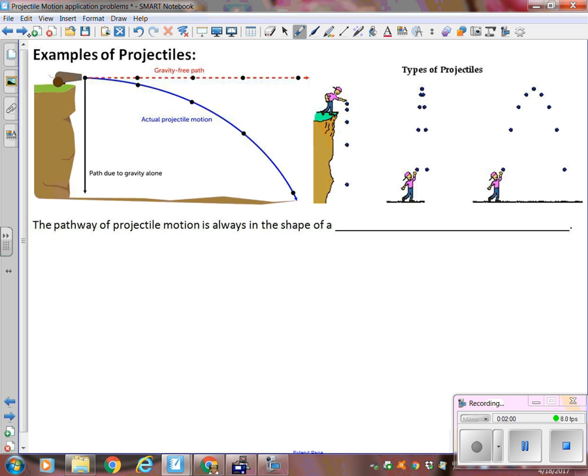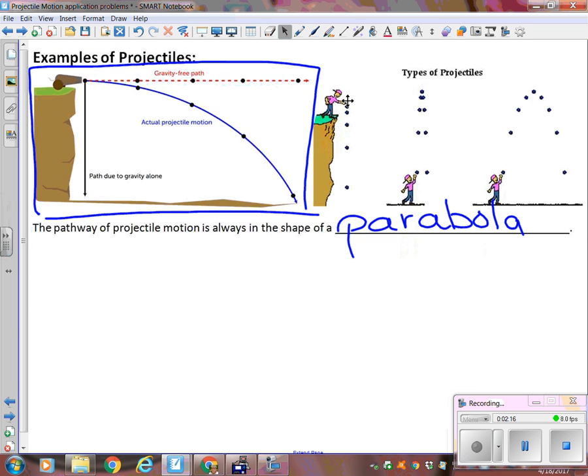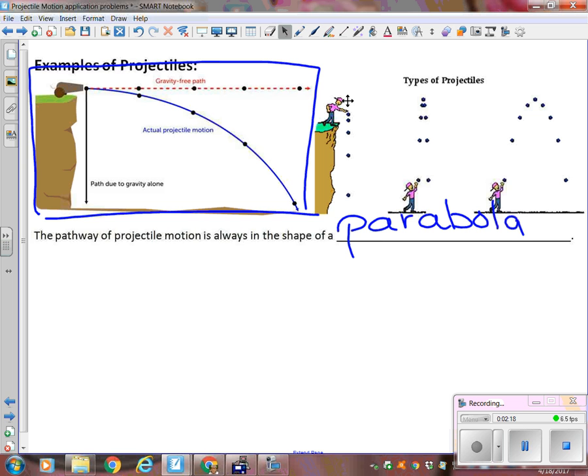The pathway of a projectile motion is always in the shape of a parabola. From the first picture to the second picture, it's very, very slight, but that follows a very simple parabola.